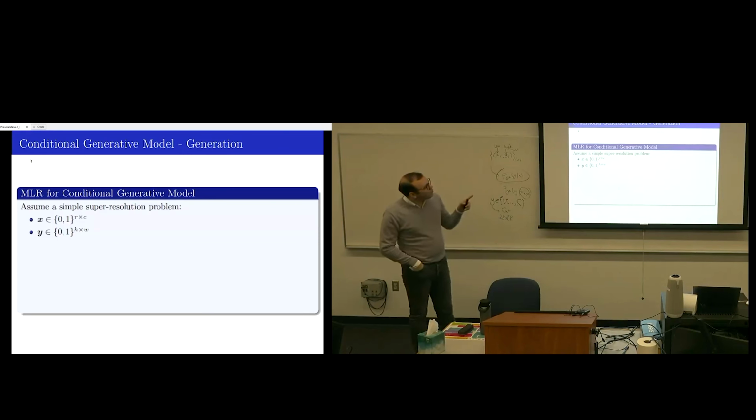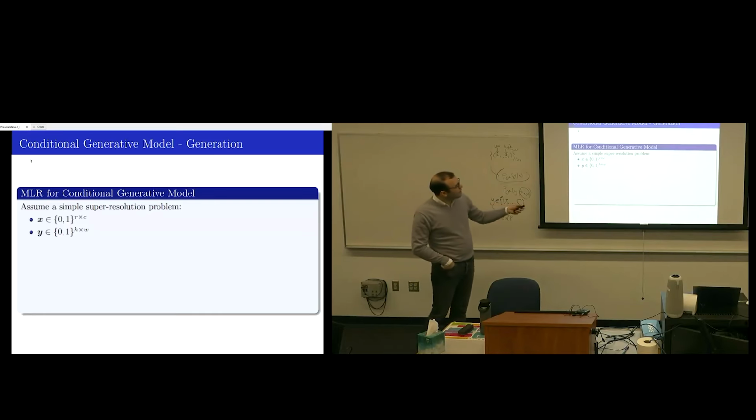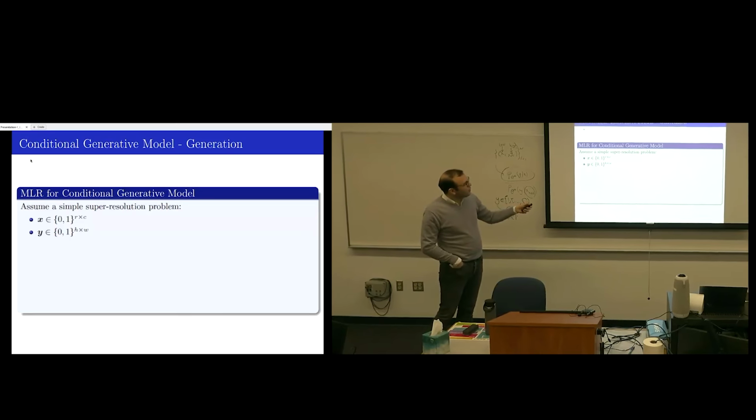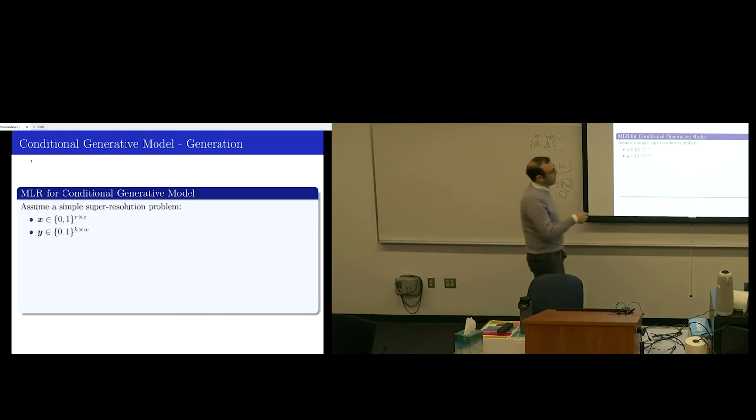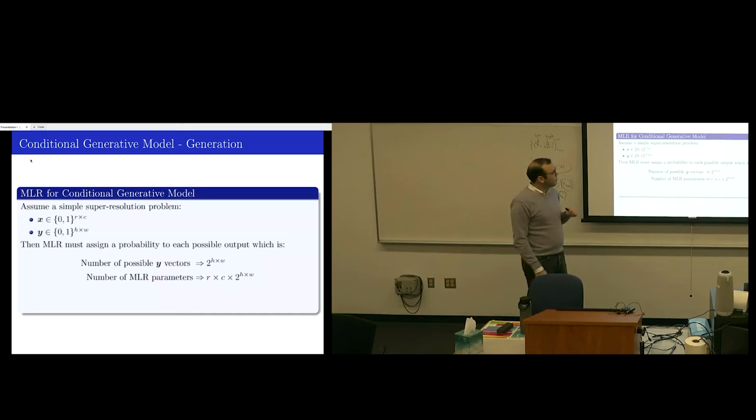Assume I want to model a super resolution problem, which you have seen before, where x is easily a binary image with r times c dimension, and the higher resolution is another binary image with h times w dimension. Assume we want to use logistic regression, as the simplest case with the minimum number of parameters, to do this task. So how many parameters do we have for this task?